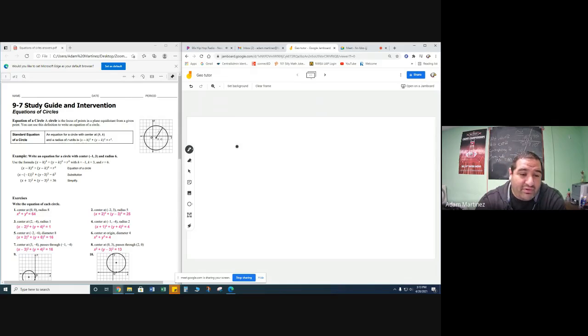What we're looking at here is (x minus h) squared plus (y minus k) squared equals r squared, where r is your radius and h, k are the coordinates of the center.